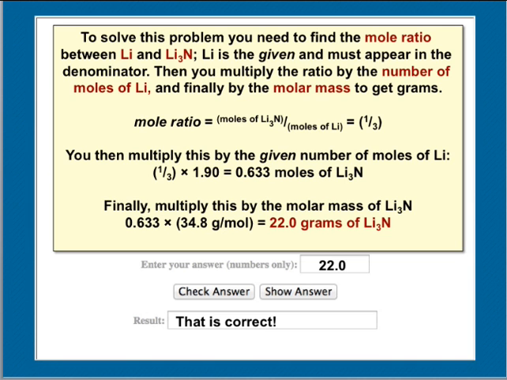Next, once we know the number of moles, we simply need to multiply that by our molar mass to get our mass of lithium nitride. Same sorts of problems we've been working. It just takes a little bit more thinking because you need to use your mole ratio.